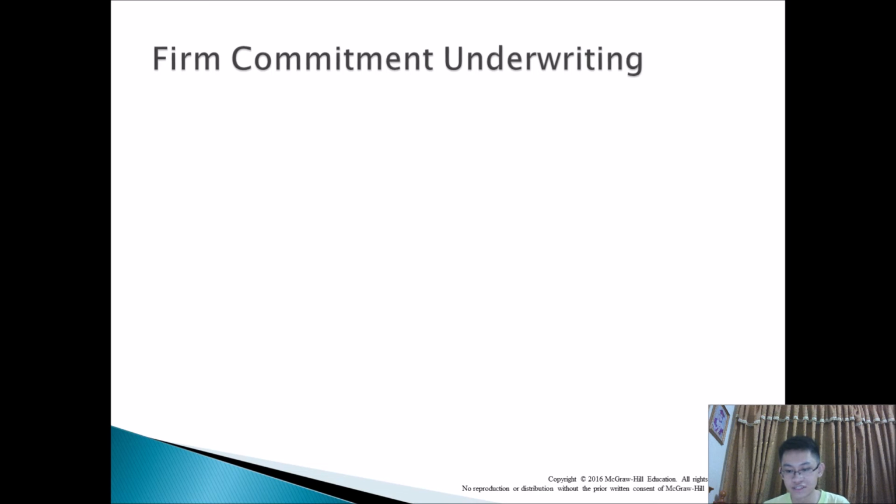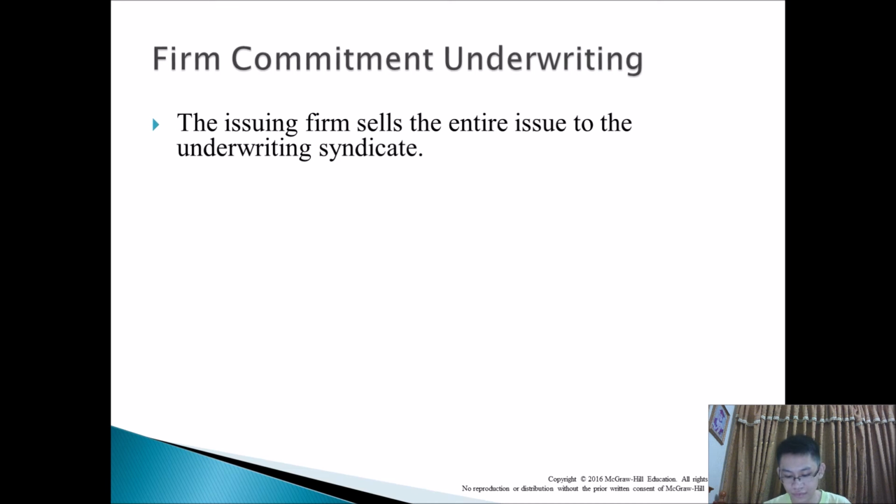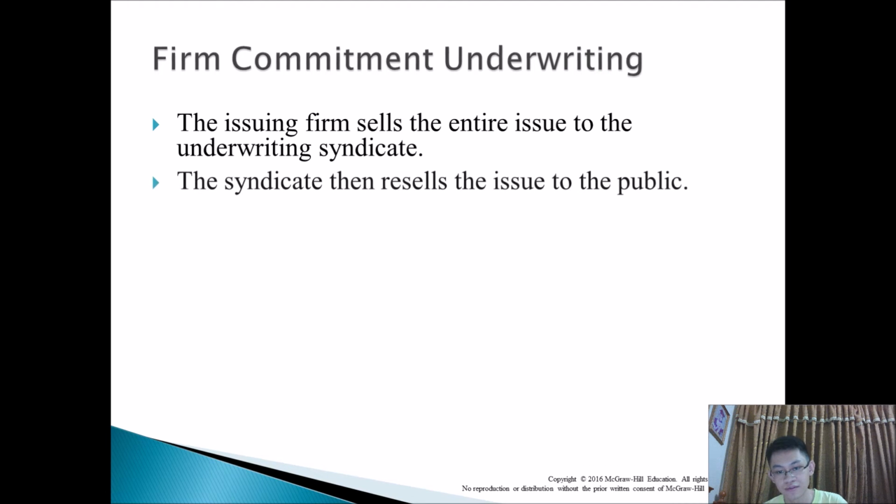First, the first option is the firm commitment underwriting. So how does this work? First, the issuing firm sells the entire issue to the underwriting syndicate, which is just investment banks working together to form an underwriting group to share the risk and help sell the issue.